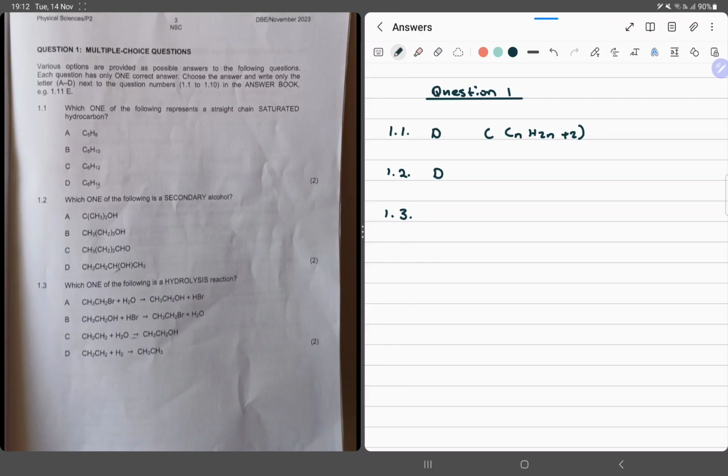So 1.3 says which one of the following is a hydrolysis reaction? What do we know about hydrolysis reactions? We know that these are essentially substitution reactions in organic chemistry, as opposed to hydration, which is an addition reaction. So we look here and see this is a haloalkane. We're adding water and forming an alcohol and hydrobromic acid, or HBr.